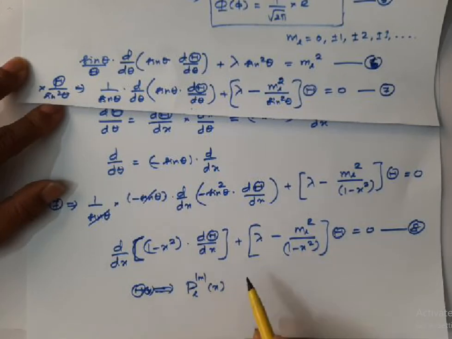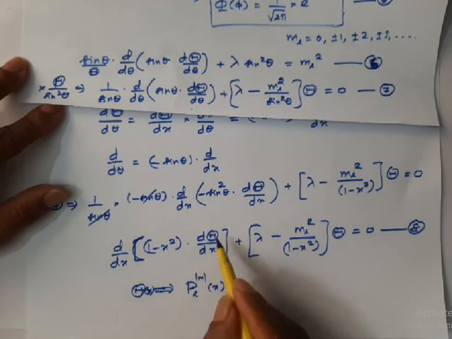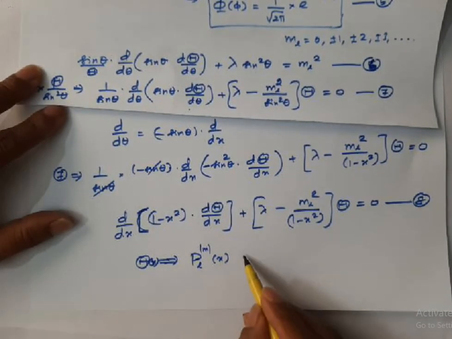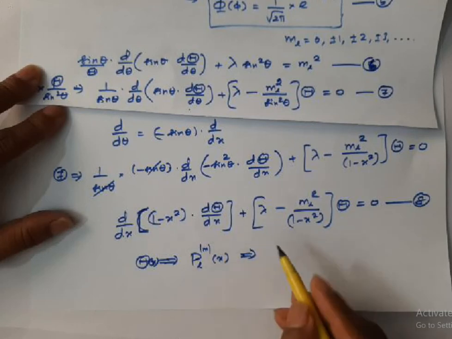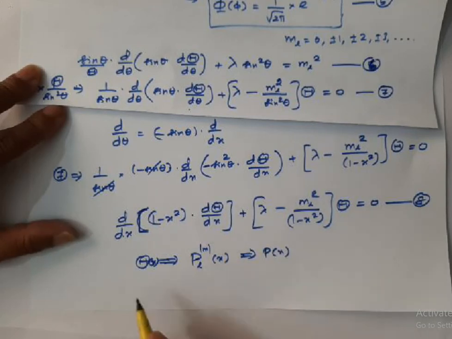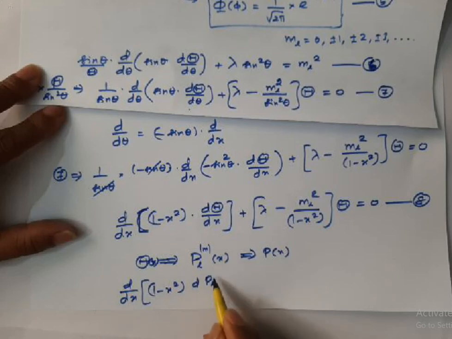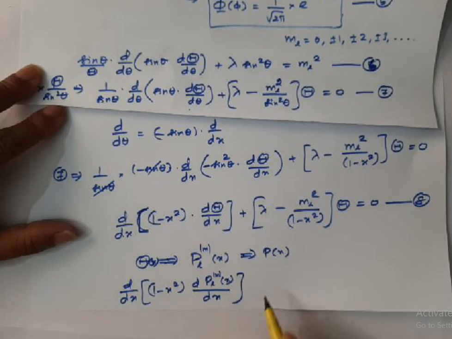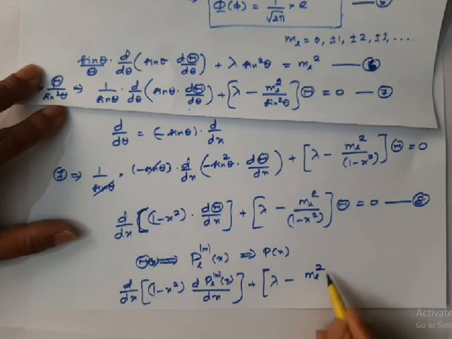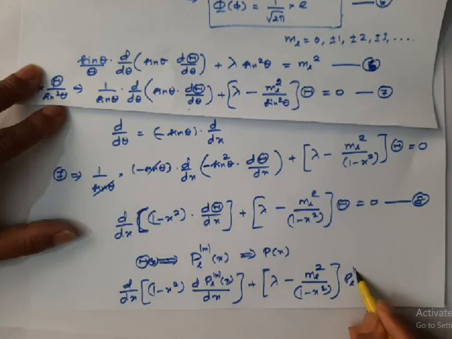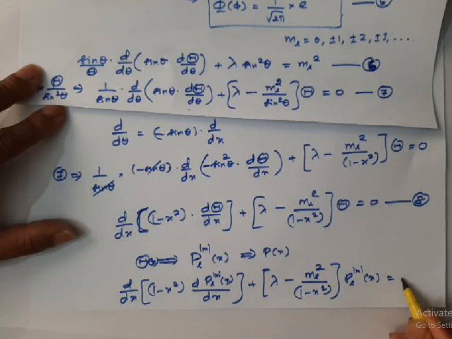So in this equation, first I will replace this theta by PL of m. Every time you need not write PL of m, so let me put simply P of x. So d by dx of 1 minus x square dPL of m of x by dx, plus lambda minus ml square by 1 minus x square into PL of m of x equal to 0.